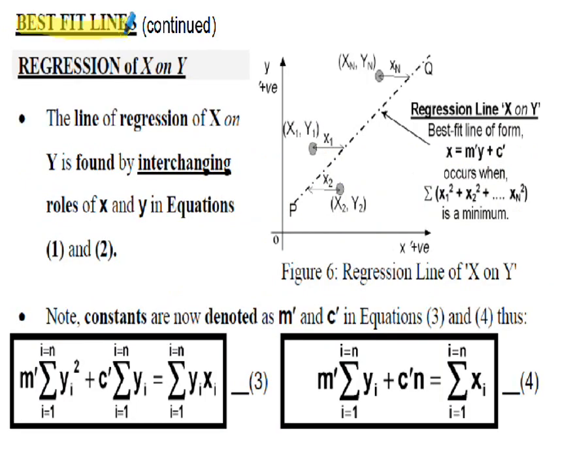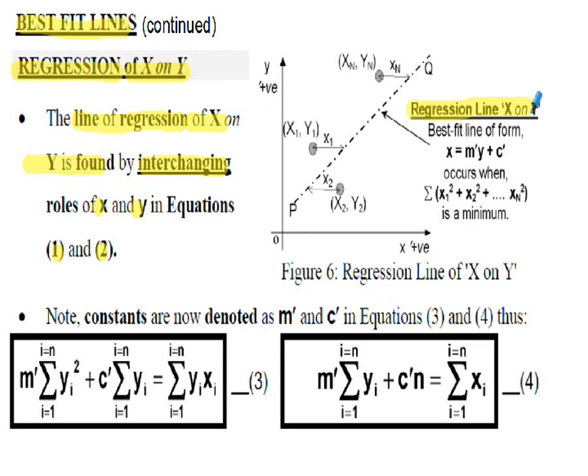Best fit lines continued here. Now we're going to look at regression of x on y. Basically, the line of regression of x on y is simply found by interchanging the x and the y in the equations on the previous slide, in equations 1 and 2.